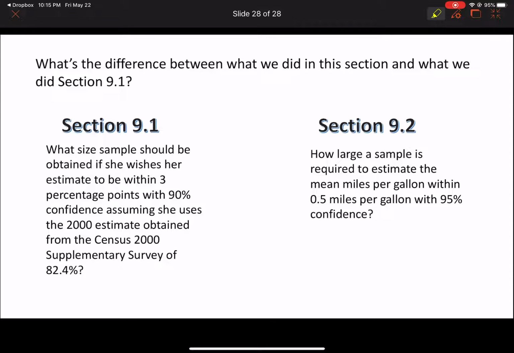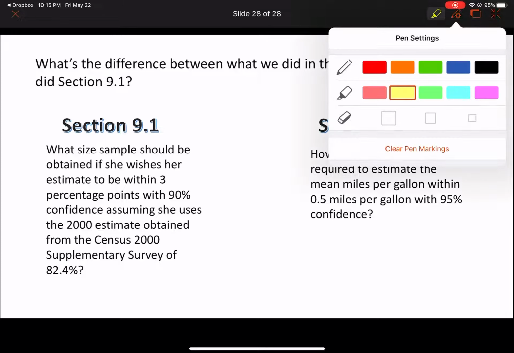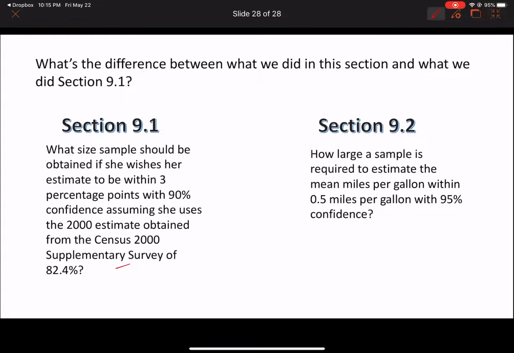Here I'm using previously obtained data. This is a proportion. It's a percent that we're looking at, and we're looking at 3 percentage points. So that's something to look at.